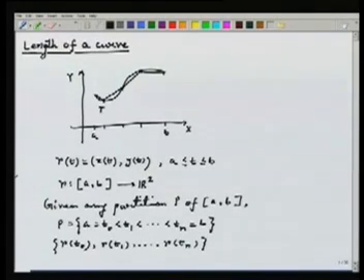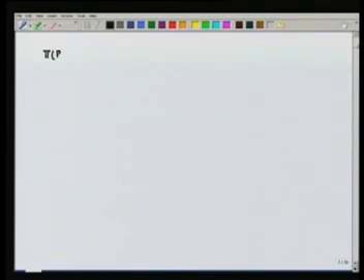For example, this point is r(t1), this point is r(t3), and the last point is r(t4), and so on. Whatever partition I take, I get these points and then I calculate the corresponding lengths. Now let us denote this polygon by Π_P. So Π_P is a polygonal path corresponding to the partition P.